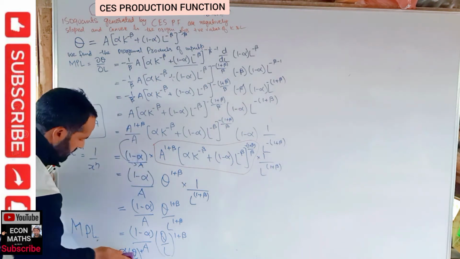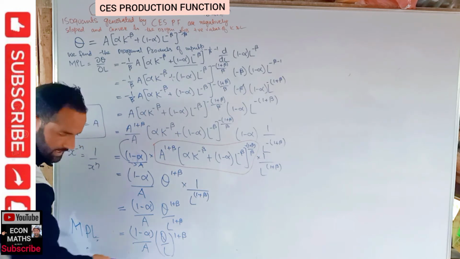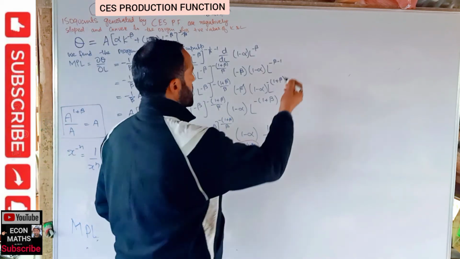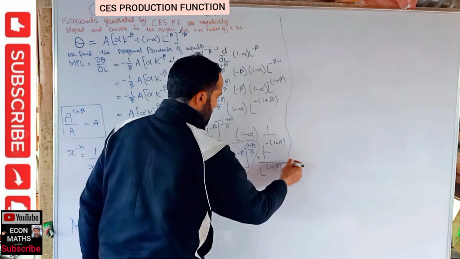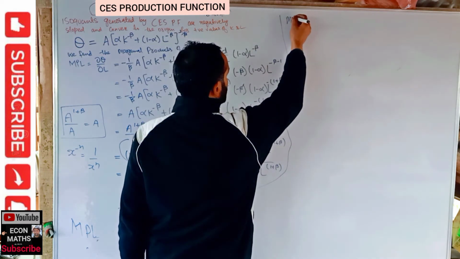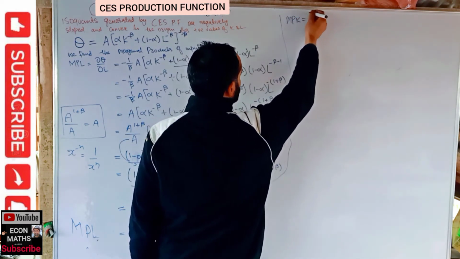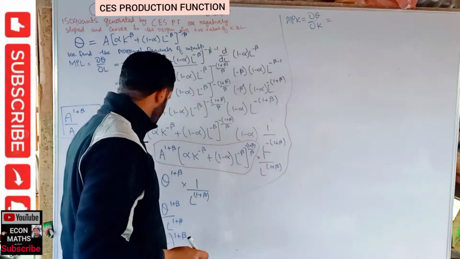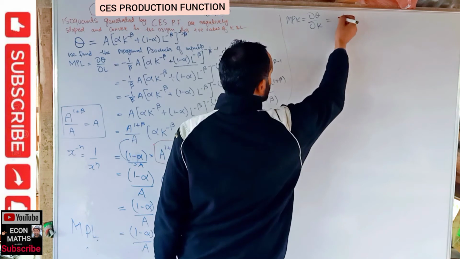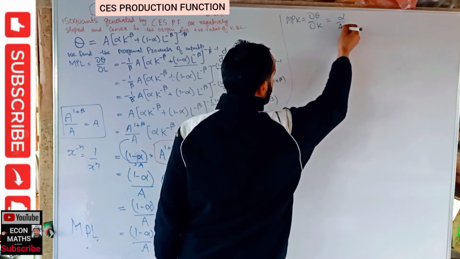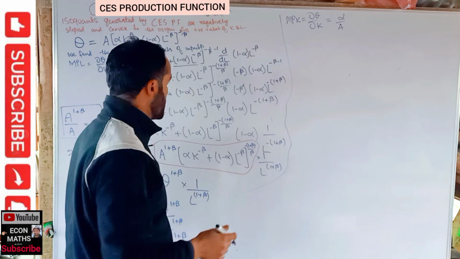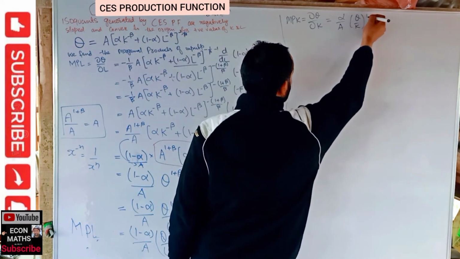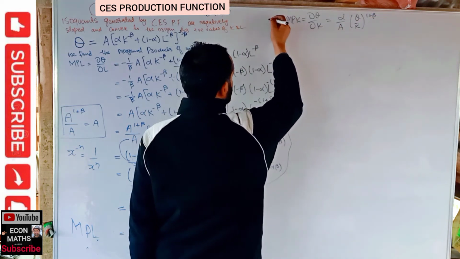Similarly, we can show by these very steps that our marginal productivity of capital, our MPK, is equal to dQ divided by dK, which will be equal to alpha divided by A into Q divided by K to the power 1 plus beta.